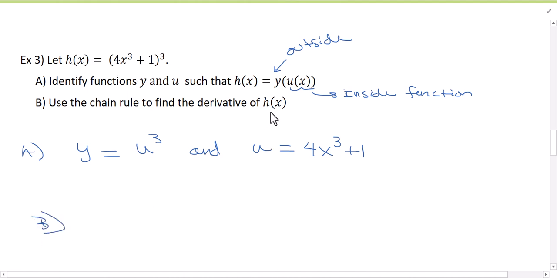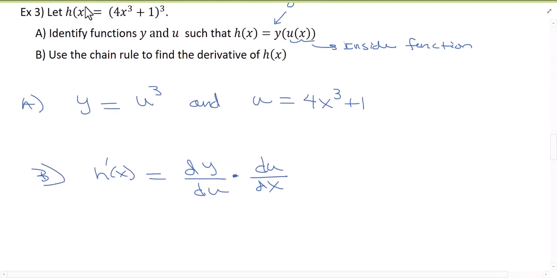Now the derivative of h of x, so that means that h prime of x is going to be the derivative of the outside function. So the derivative of y with respect to u, because that's a function of u, times the derivative of the inside function u, and u is a function of x, so with respect to x.